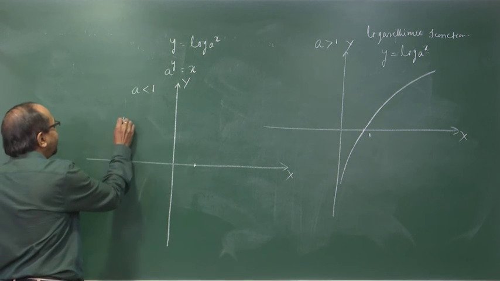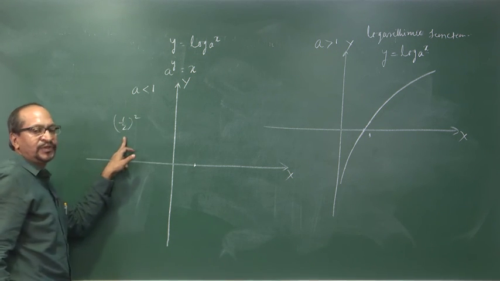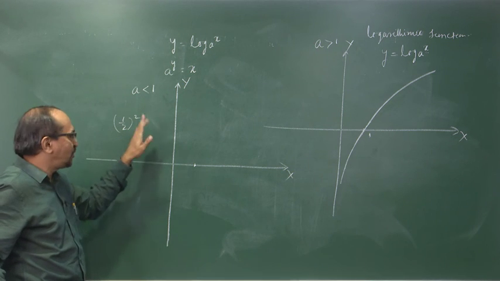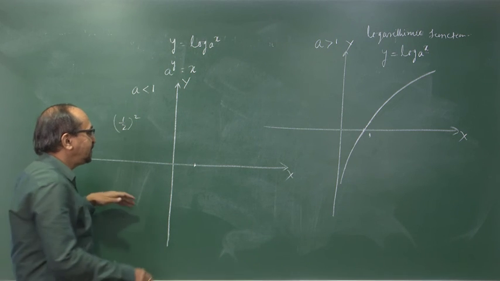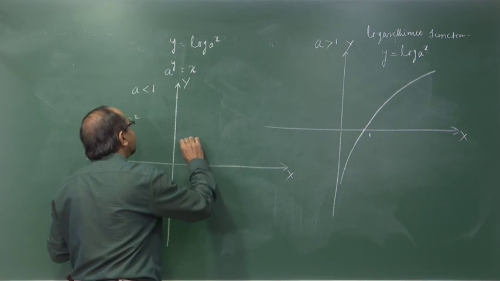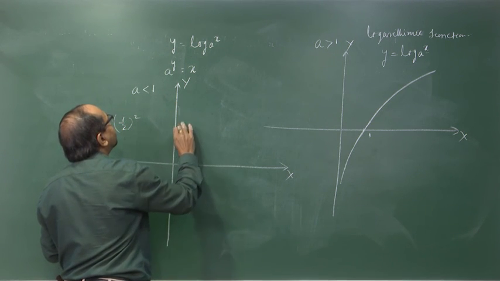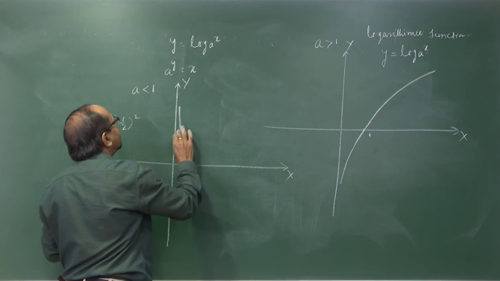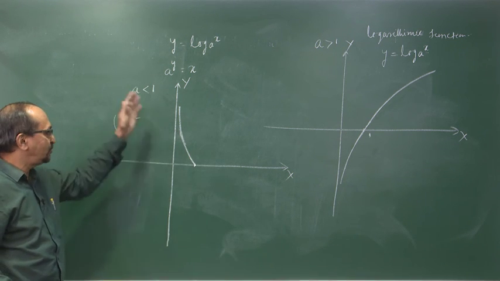Suppose a is 1 by 2, then 1 by 2 square is 1 by 4, 1 by 2 cube is 1 by 8, so on. So, the value of x will go on decreasing, means as y is increasing, x value is decreasing. The graph is like this, and when y tends to infinity, x tends to 0.